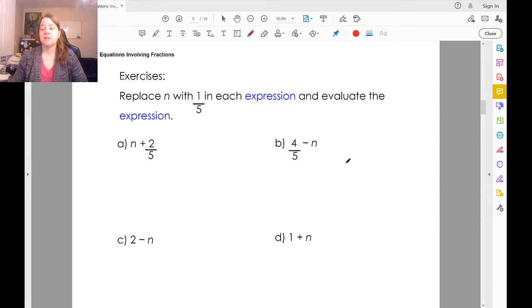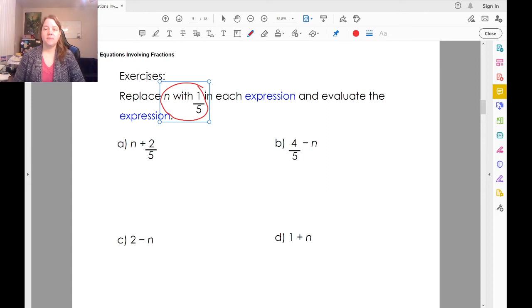So what they want us to do in these expressions is to replace n with 1/5. So you go ahead, try taking out the variable and putting 1/5 in. Pause the video and we'll talk about it when you come back.